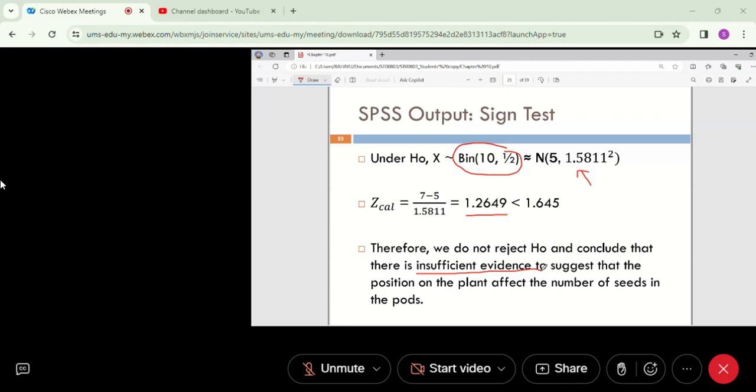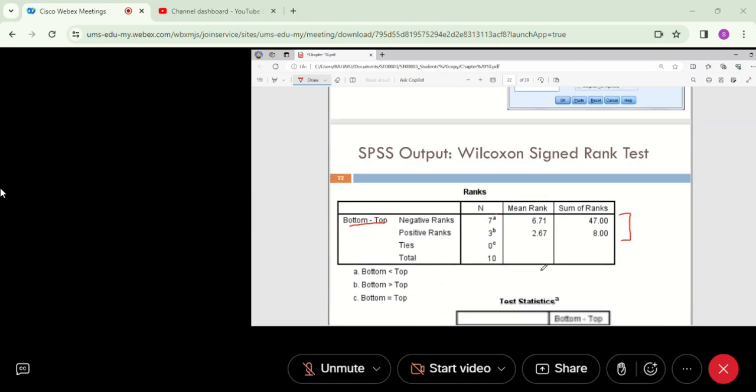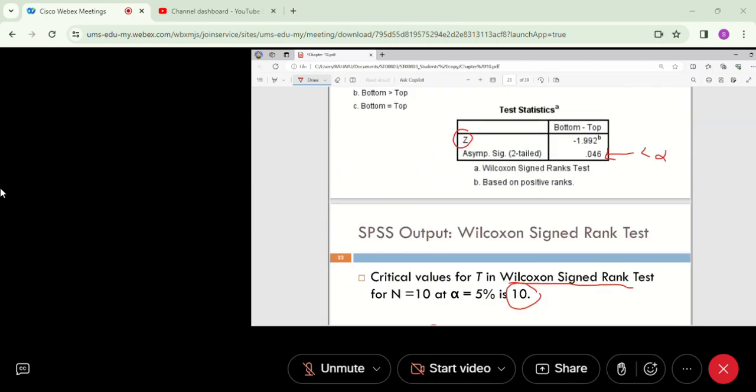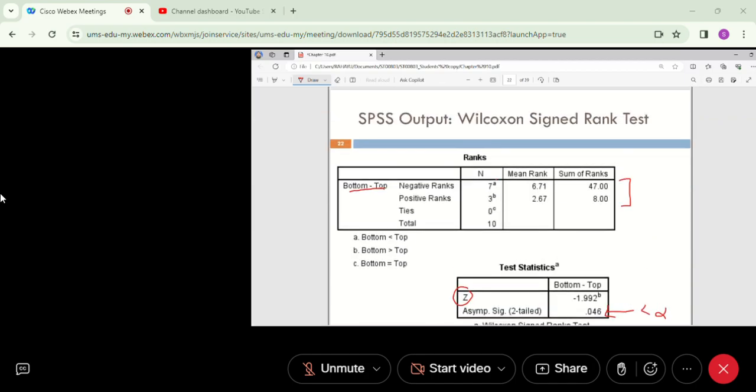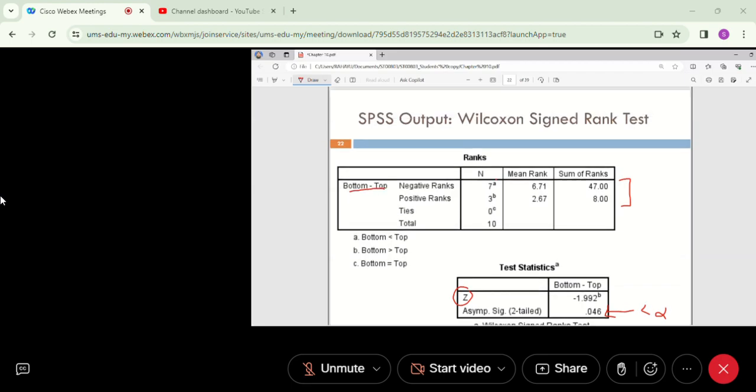So as you can see from here, you will receive a contradicting result between the sign test and the Wilcoxon signed rank test. Do not feel disturbed about this because the sign test is a very lenient test, so normally it is difficult to get a significant difference.